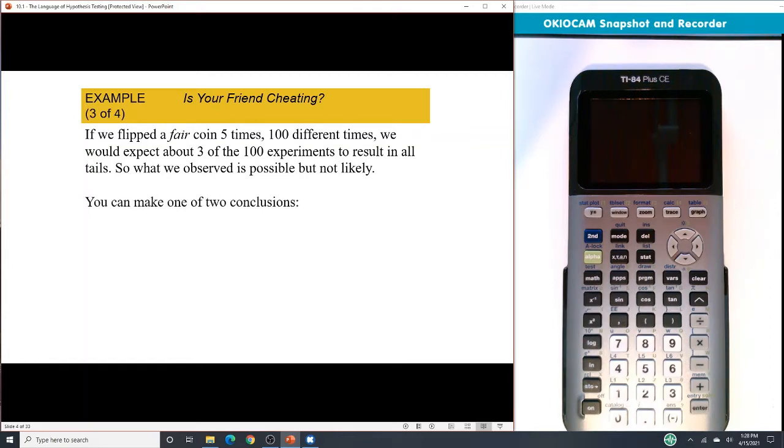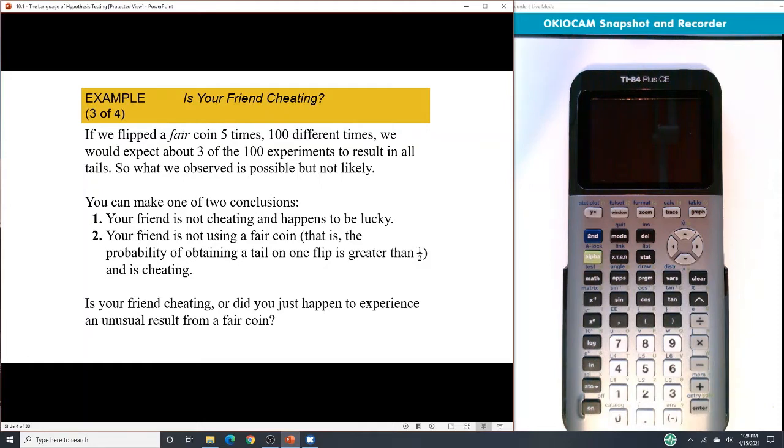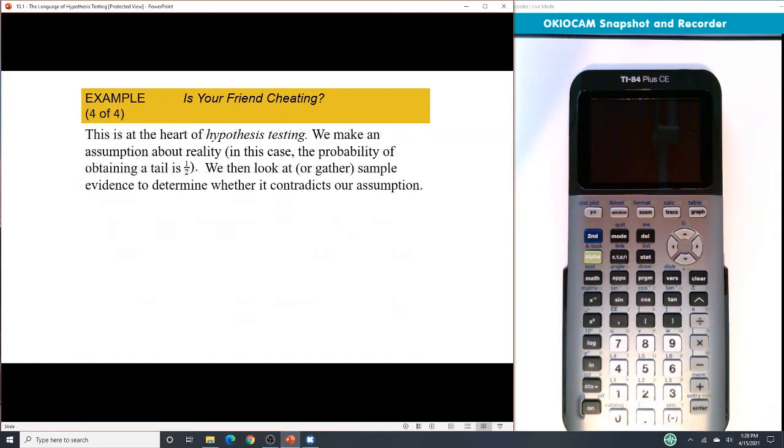Now, you can make one of two conclusions. Your friend just happens to be lucky, because it is possible for it to happen, though it's not very often. Or your friend is cheating because he's not using a fair coin, and therefore it changes the probability. So you have to make that decision.